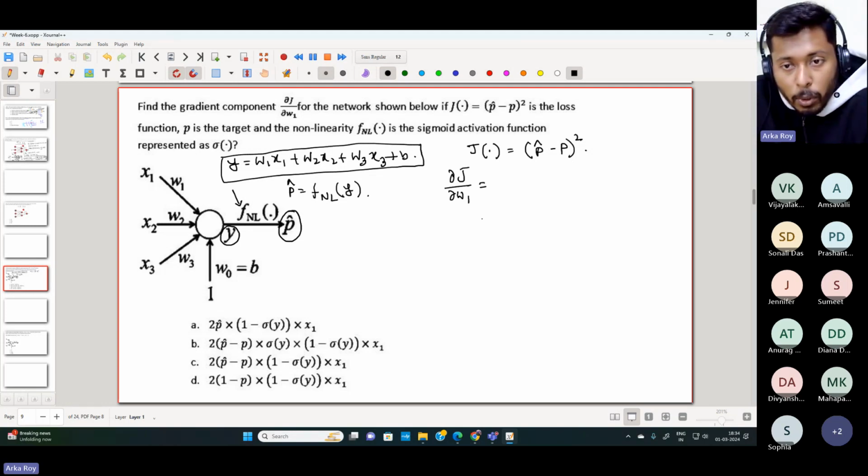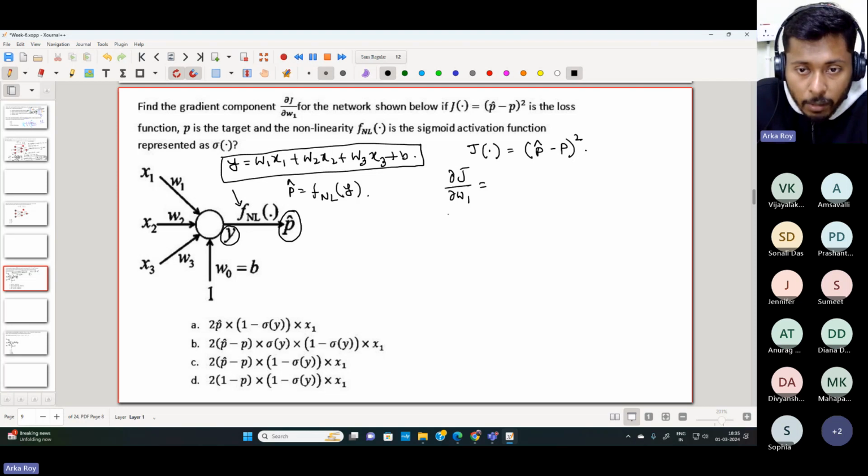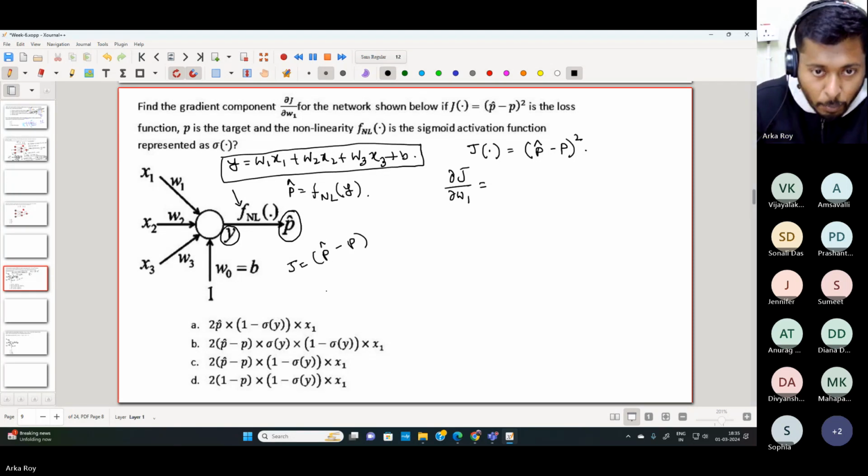For these kinds of problems, we need to follow the chain rule to get the derivative done. We can see that J is basically made up of p hat. Let me expand this: J is (p hat minus p).